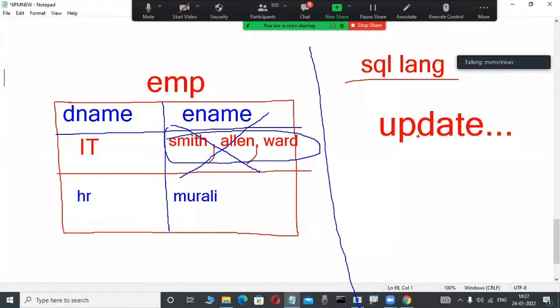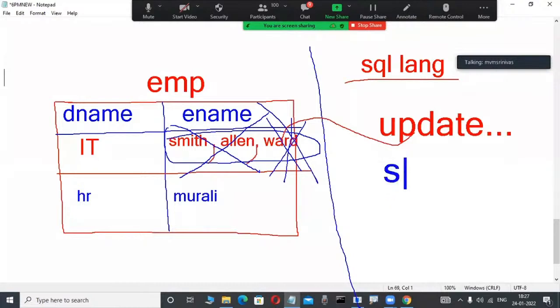Through this update command, I try to modify only a single employee from these multiple employees. Impossible. This update command is not working. Whenever multiple values separated with commas are there, modifying a single value from them with update is impossible. That is a problem.